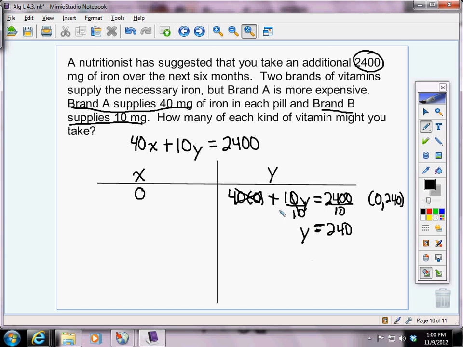Now let's do the same thing for y. I'll put 0 in for y. So we'll have 40 times x plus 10 times 0, because I'm substituting 0 for y, and that needs to equal 2,400. I'm sorry, this should be 40.